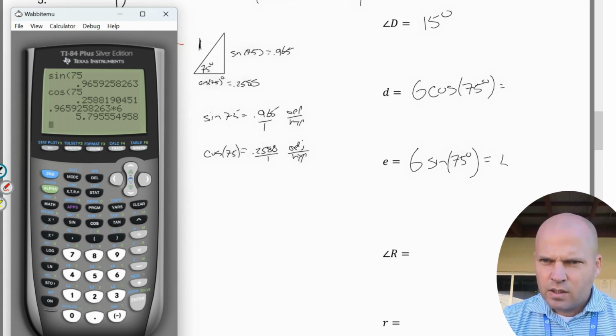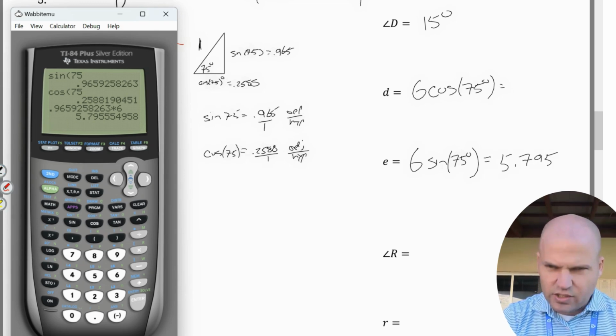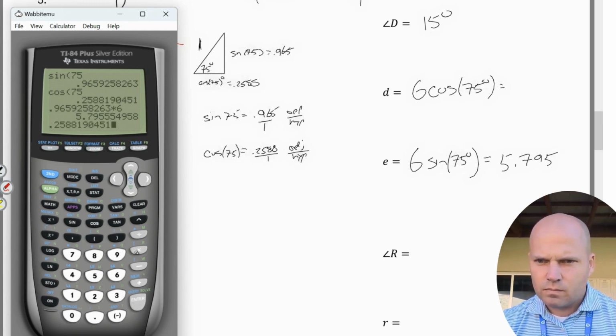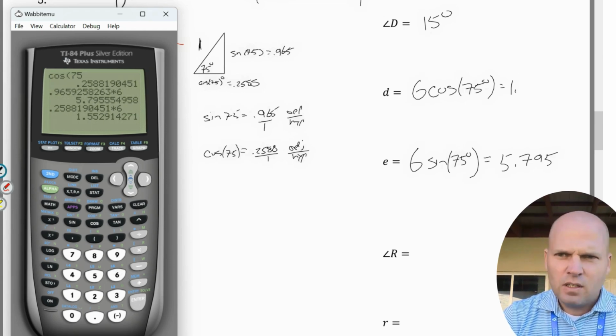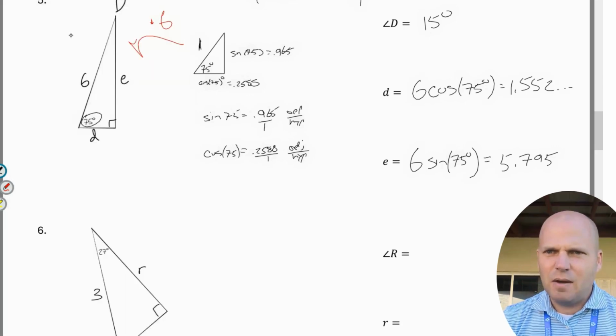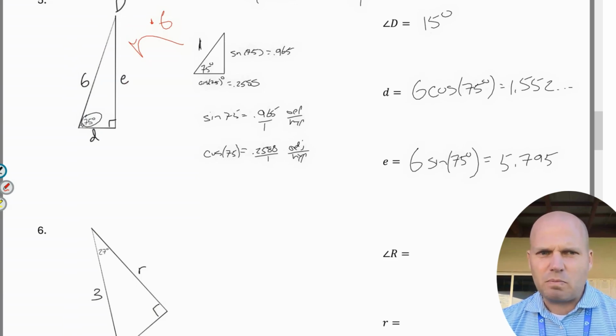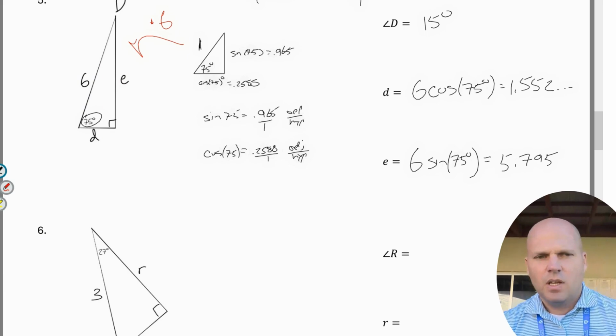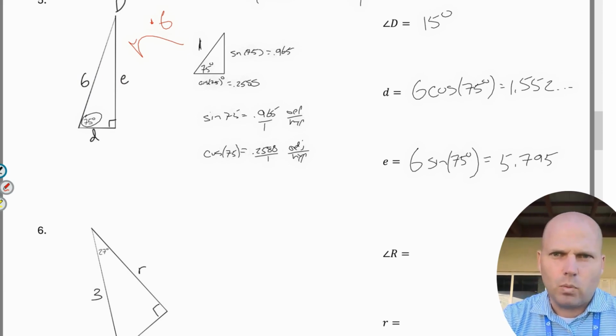That's 5.795. And this is the cosine of 75 times 6. That's 1.552. I want to make sure things make sense. D should be the smaller one. E should be the longer one. Okay, that works out. We're good.